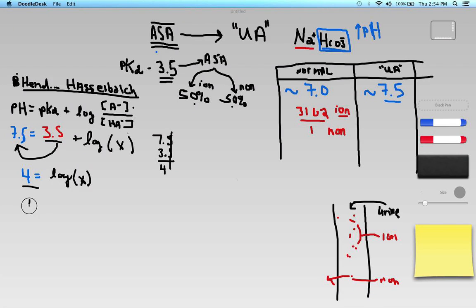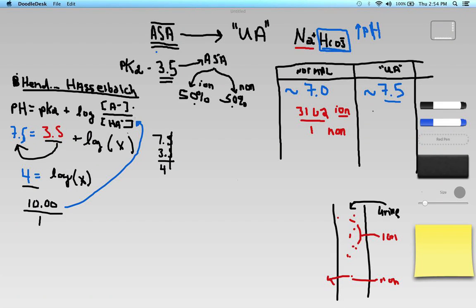The log of 10,000 equals 4. So the answer to this, when I have my urinary pH increased to 7.5, is a ratio of 10,000 to 1. So that is significantly larger.